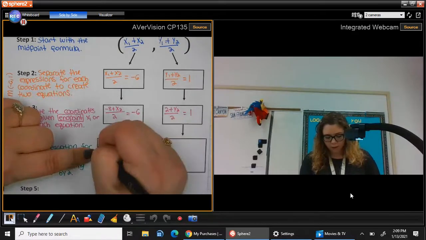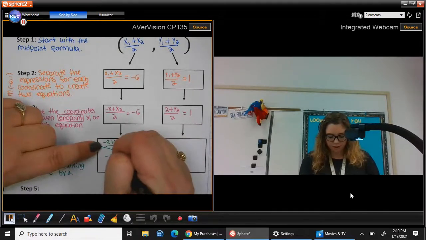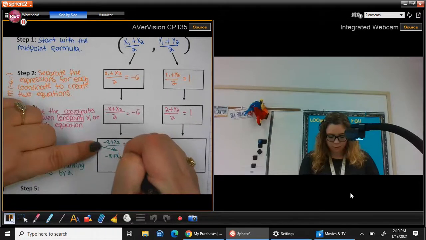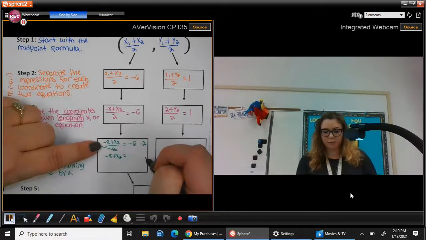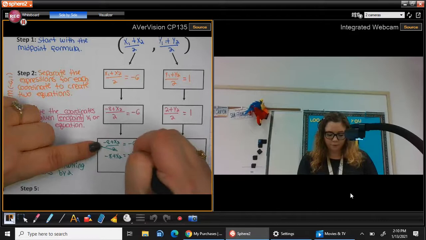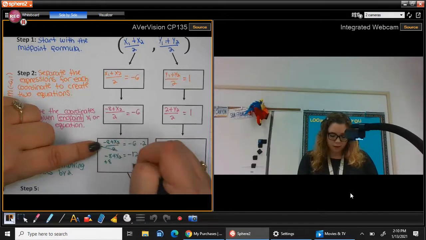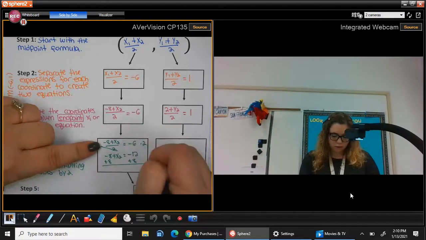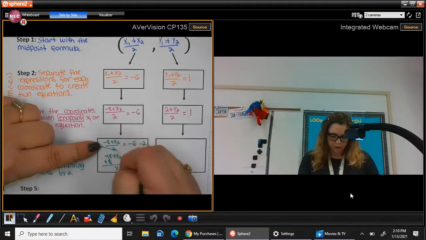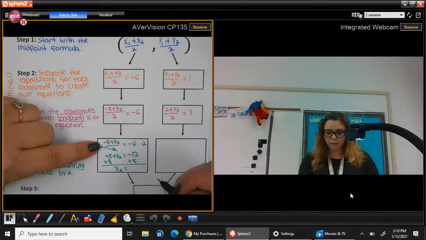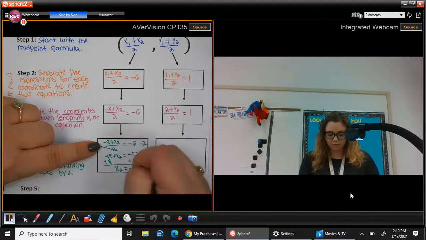Okay, the 2's cancel out and I'm left with -8 plus x2 equals -6 times 2, which is -12. Okay, I'm going to move my 8 over. So I have x2 equals -12 plus 8, which gives me -4.